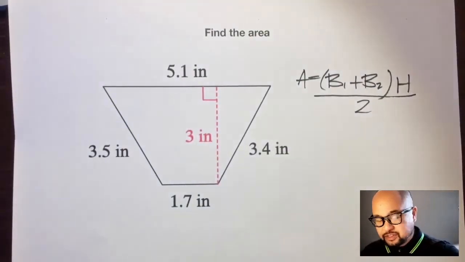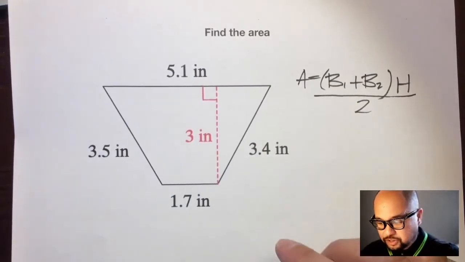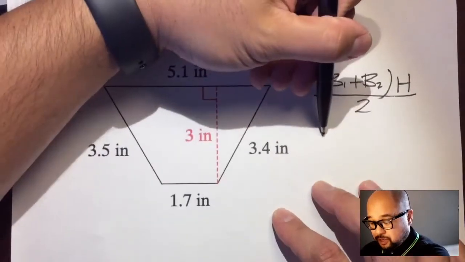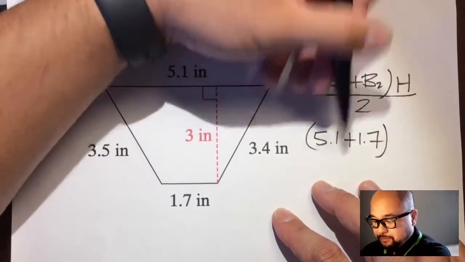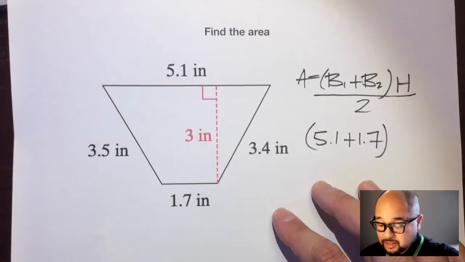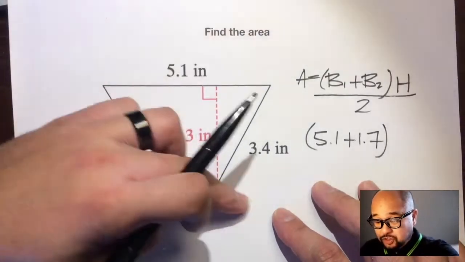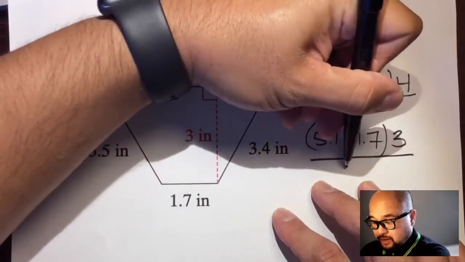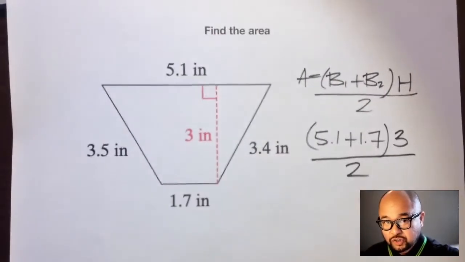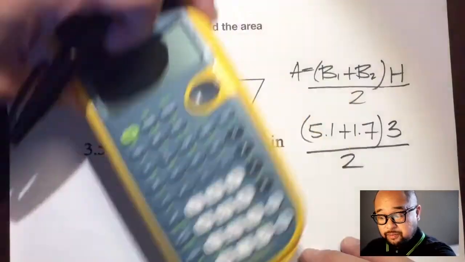So let's find our two bases, the two sides that are parallel to each other, and substitute. So base 1 is 5.1 plus 1.7, and the side that is perpendicular to the two bases, makes a square, is 3, and divided by 2, because it's half of a parallelogram.